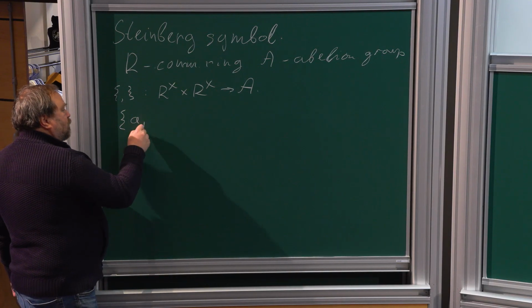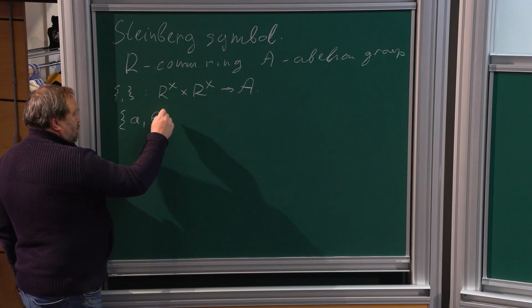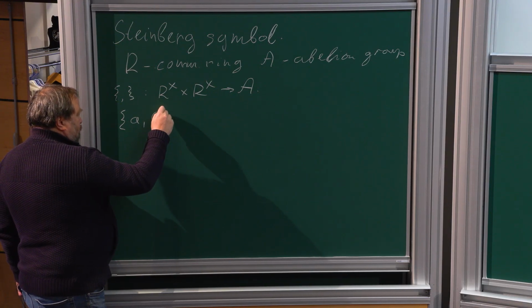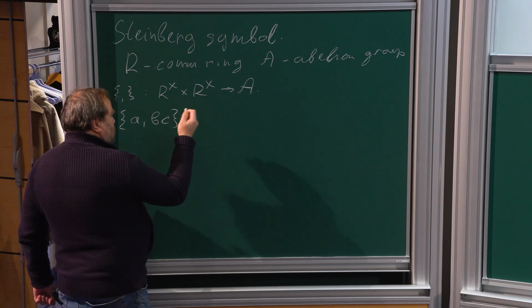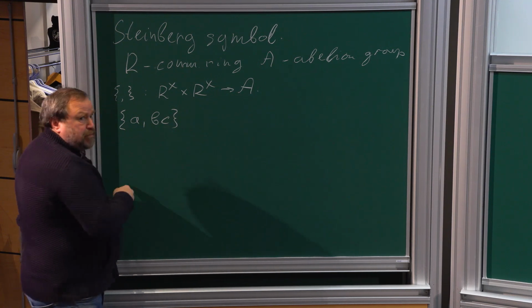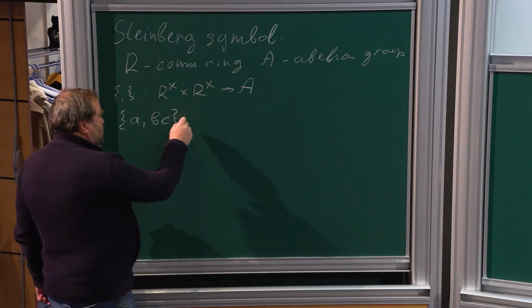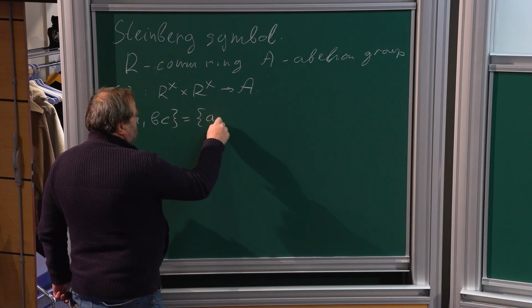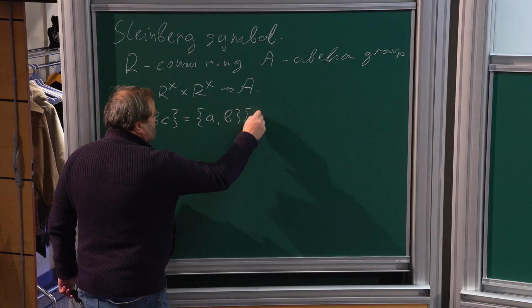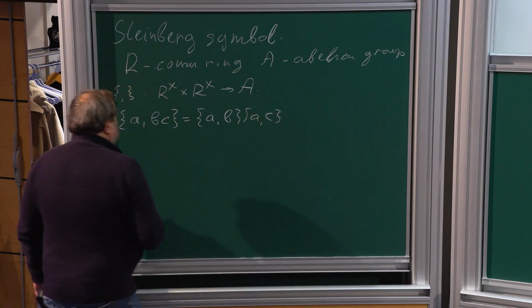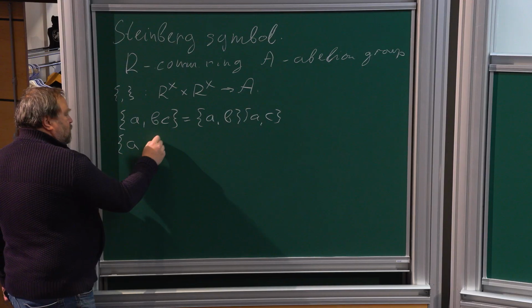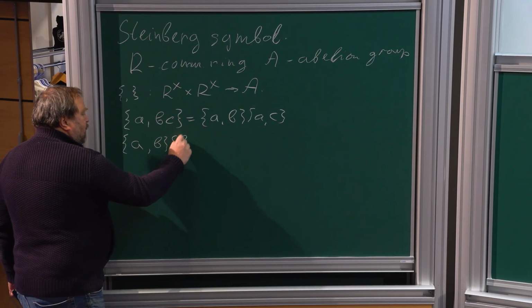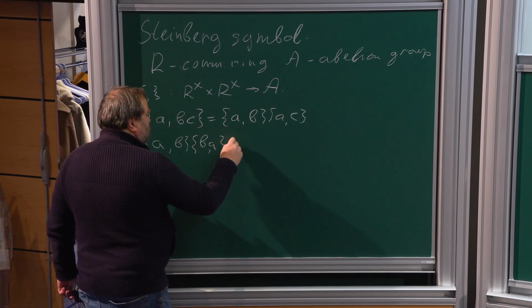First of all, if you have elements a, b, c, it's multiplicative with respect to both arguments, kind of bimultiplicative. So {a, bc} is equal to {a, b} times {a, c}. Then it's antisymmetric, so {a, b} times {b, a} equals 1.